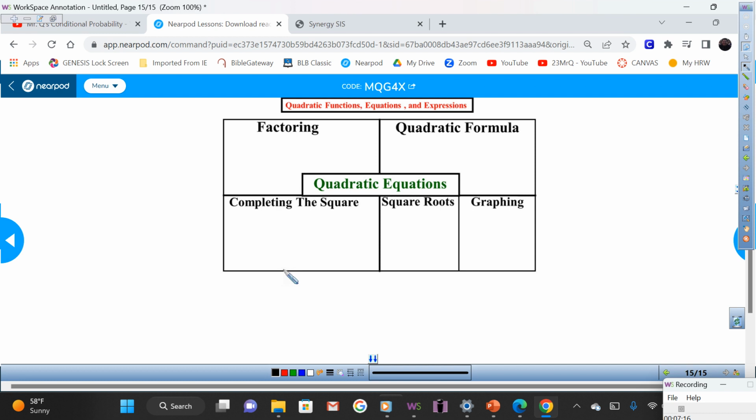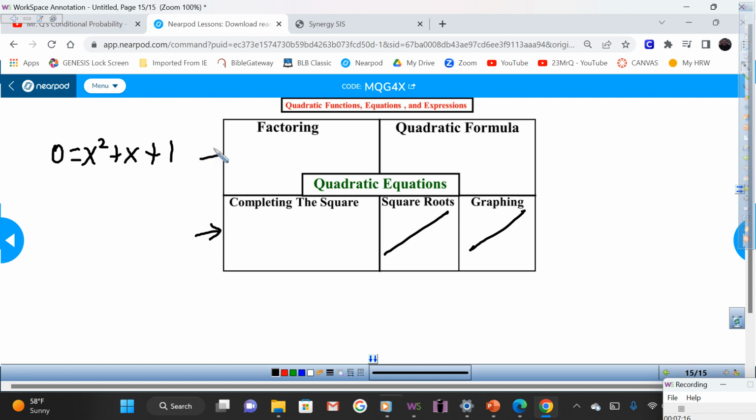There you go. So they give you the equation 0 equals x squared plus x plus 1. And they ask you to solve that. Well, by looking at it, we can't use square roots because that's for binomials. Graphing, you can do graphing, but some of you forgot what that is. Completing the square, you can complete the square.